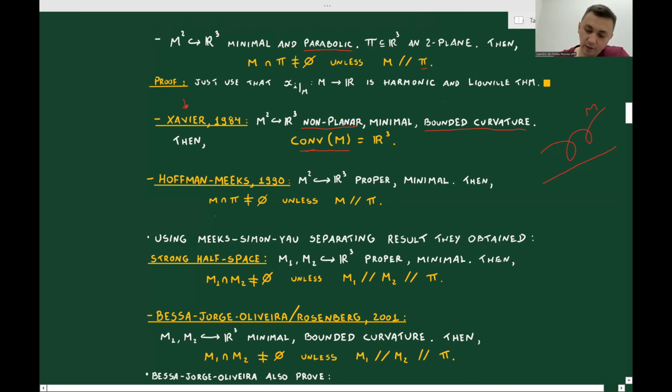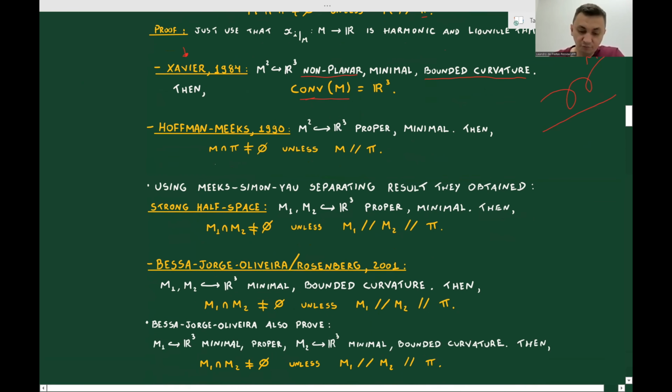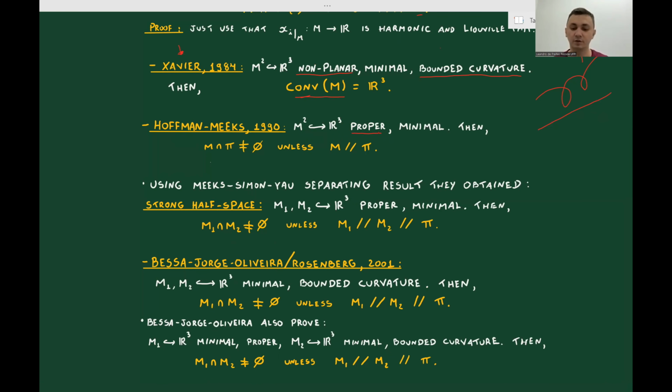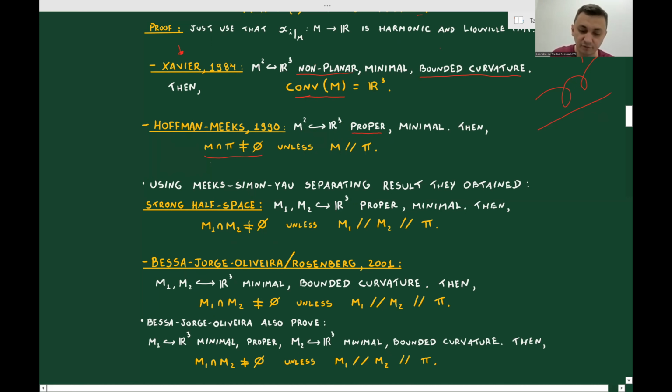Okay, so some years later, Hoffman and Meeks also proved a very nice result for minimal surfaces which are properly immersed in the Euclidean space. So if you consider a minimal surface properly immersed in the Euclidean space, we have two possibilities: either the minimal surface intersects any plane, or the minimal surface is parallel to a plane.